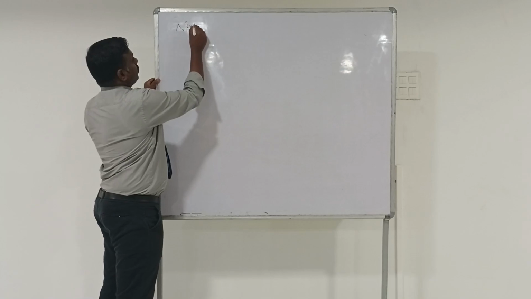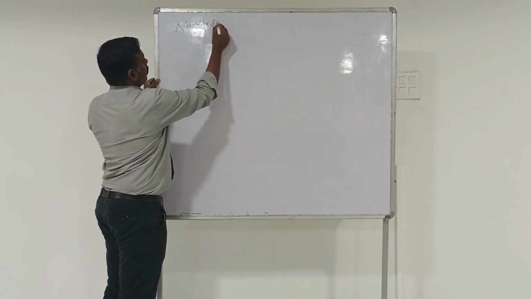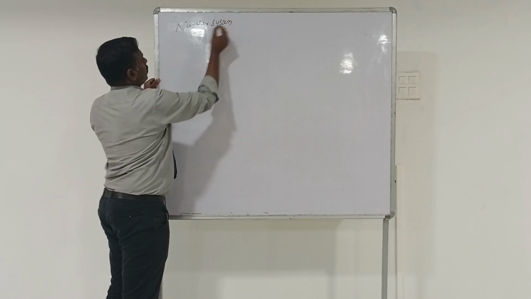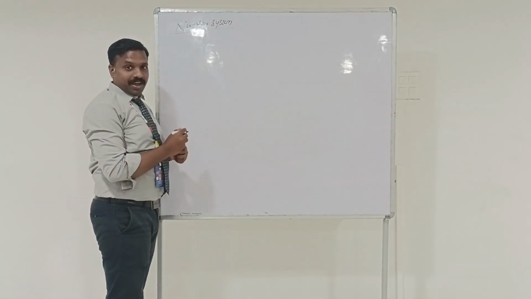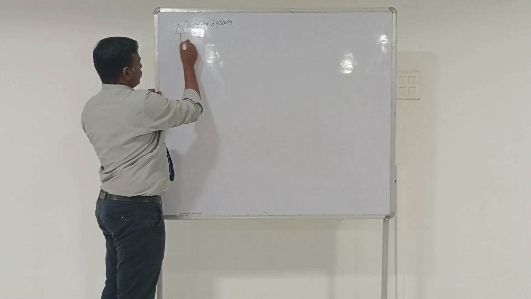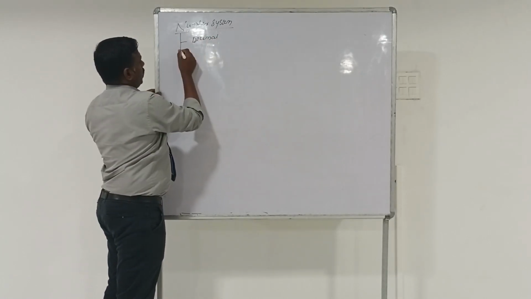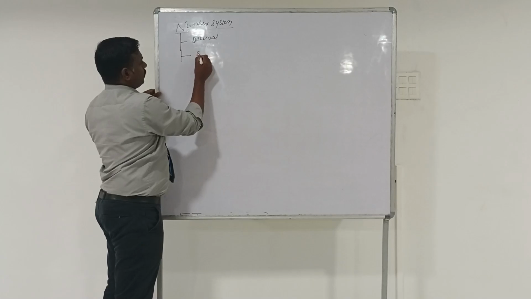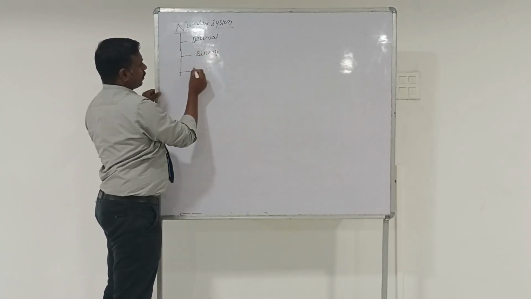In number system, the following number systems are used to represent values. One is the decimal number system. Another one is the binary number system. Next one is octal.